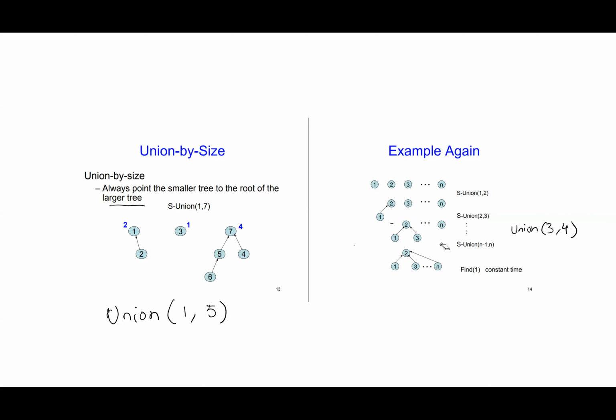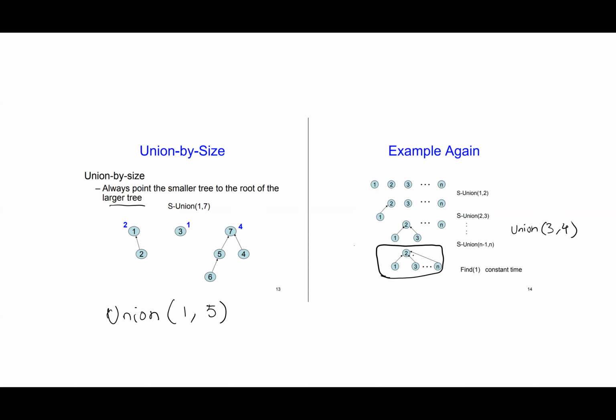So if we keep on doing this every time, every node is going to point to 2. Every node, right? 4 is going to be pointed here, 5 is going to be pointed here, right? So after unioning n minus 1 with n, these will look like this, right?